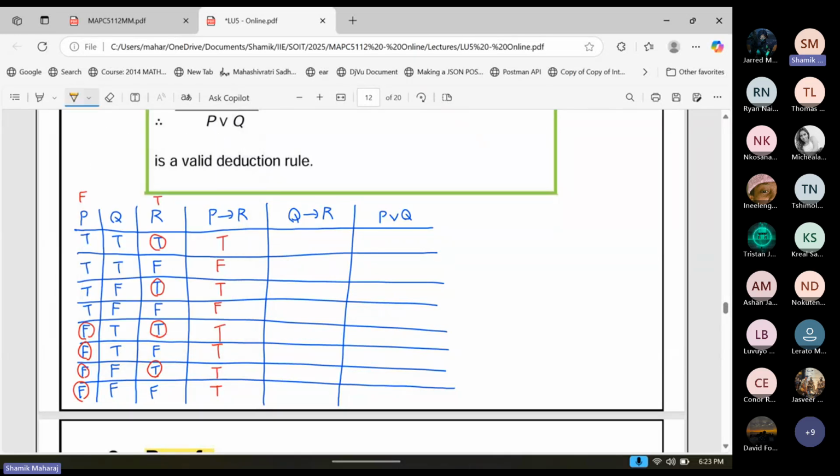Okay, let's do the Q and R. So Q has to be false, R has to be true. So where do we meet these? We have one here already. Second one, no meet. Third one, we meet them here and here. Next one, we meet by the false. Next one, we meet by the true.